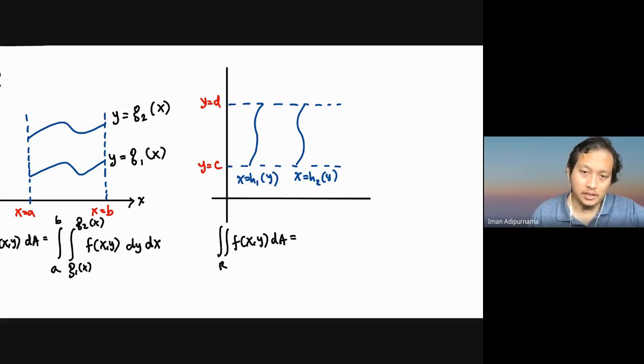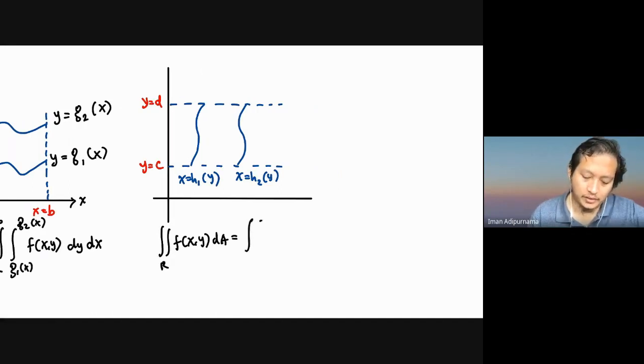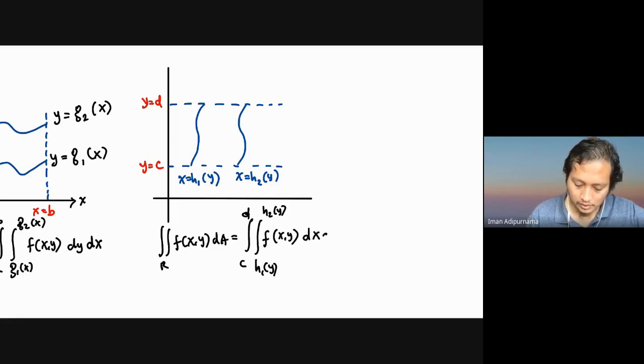And always start to write the integrations and set up the constant as the outside integral, okay? And then dx dy.